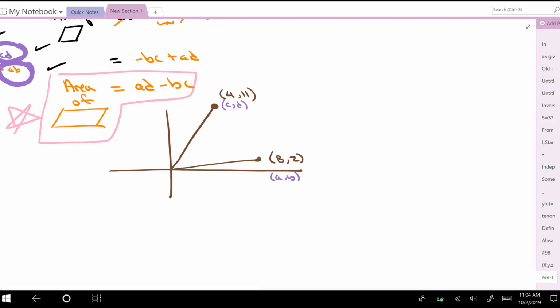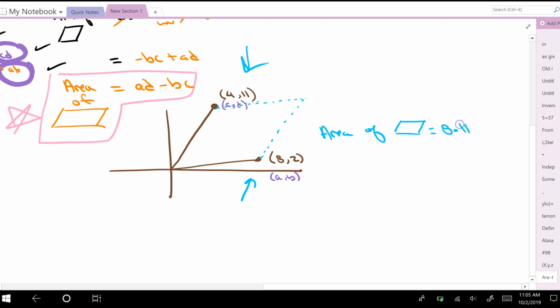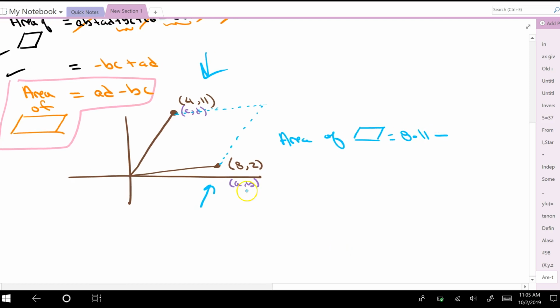If you're asked to find the area of a parallelogram whose adjacent sides are formed by these line segments, all you have to do is say that the area of this parallelogram with these two sides is going to be A times D. What's A times D? Yes, it is 8 times 11 minus B times C, 2 times 4, which equals 88 minus 8, which equals 80.